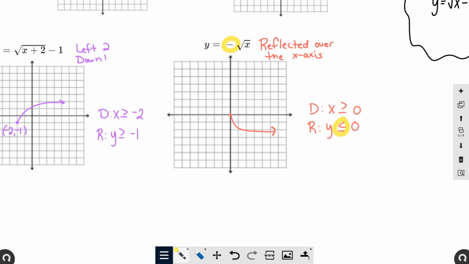So that's why this graph will never go this direction, because all of these would have to give us negatives under our square root. So it never goes to the left. It will always go to the right. The only part with that negative is it opens down because it gets reflected. Okay? So your domain will always be greater than or equal to.